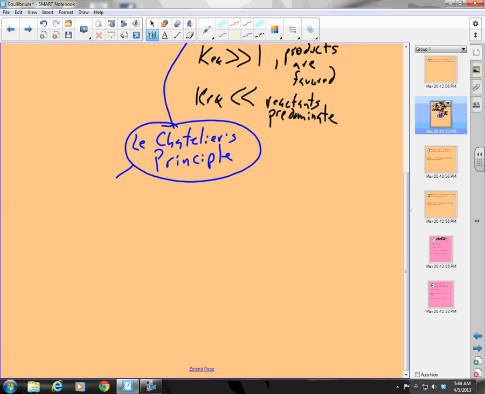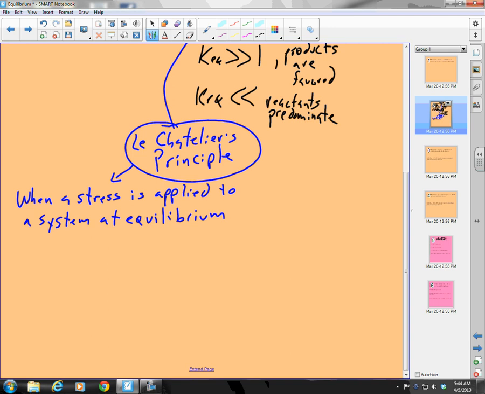Here we go. What it stated, it says that when a stress is applied to a system at equilibrium, okay, that means I have a reversible reaction and I have my forward rate equal my reverse rate, and I'm going to put a stress on that.